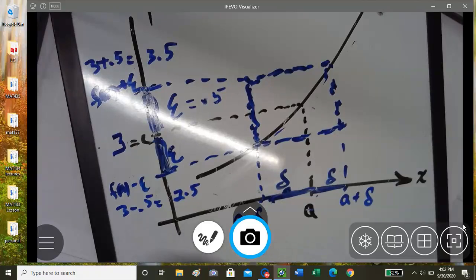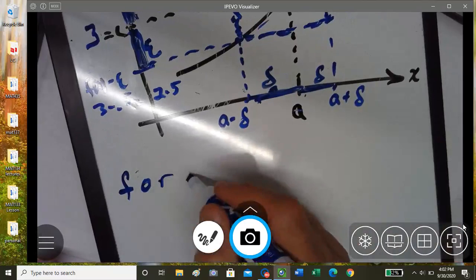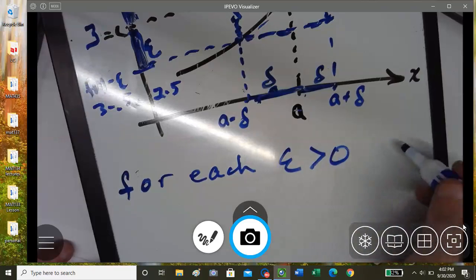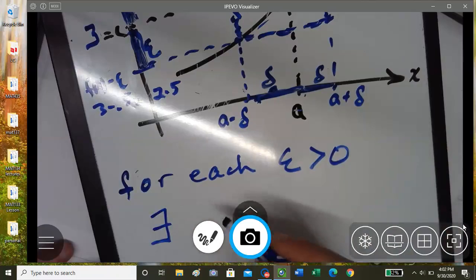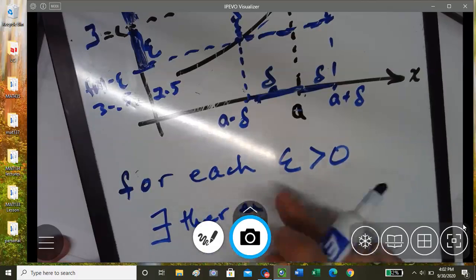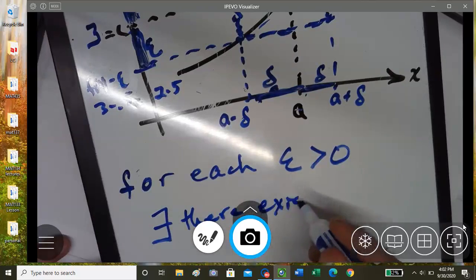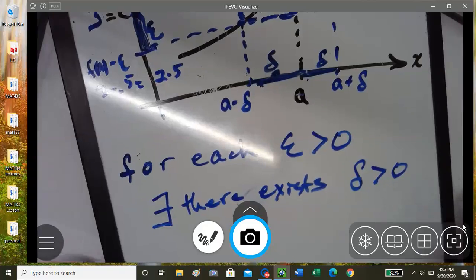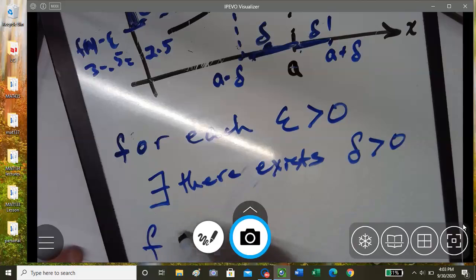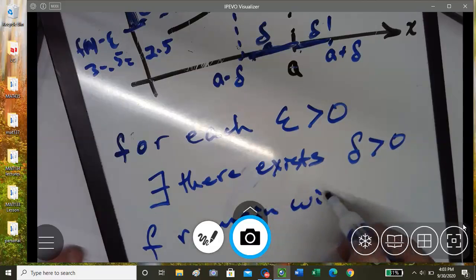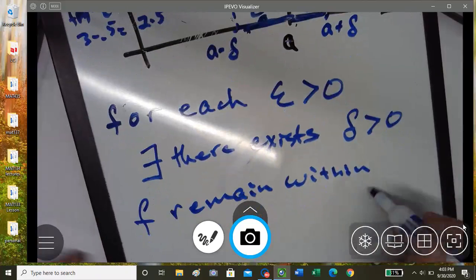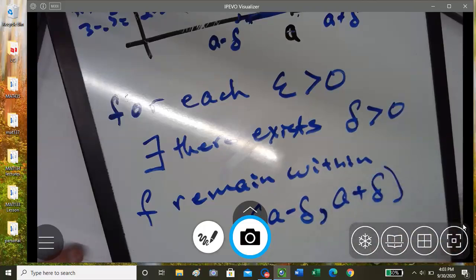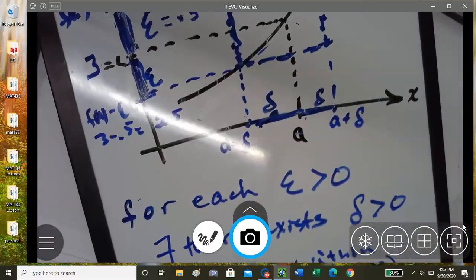For each epsilon that's positive, there exists, and this backwards looking E means there exists, a delta greater than 0, where our function f remains within our domain of a minus delta to a plus delta. Okay, we're within that interval.